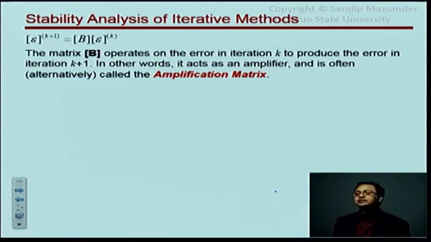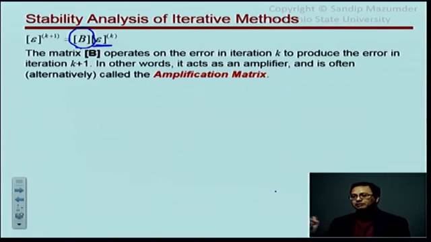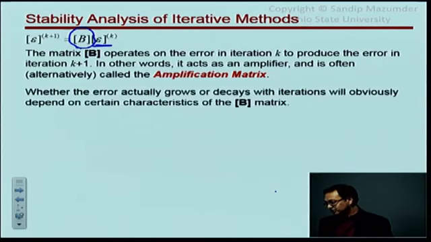It's also called the amplification matrix. Why? Because this is kind of like an amplifier if you think about it. I take the error at a certain iteration, I multiply it by B, that gives me the error at the new iteration. So this is like an amplifier. It may actually damp out that error or it may blow it up at the next iteration depending on what B is. Okay. So that's why it's known as the amplification matrix.